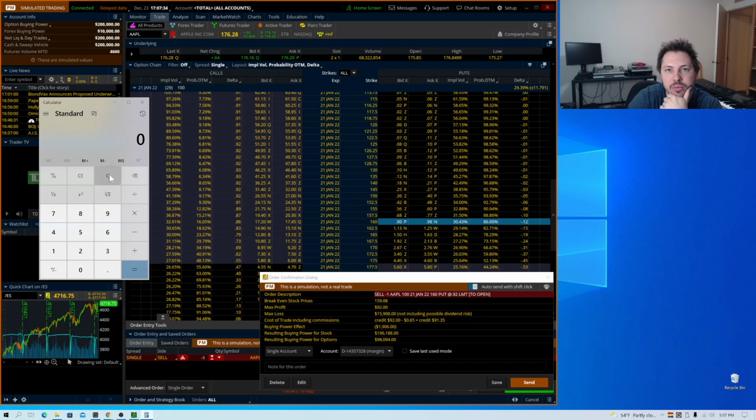But what is the math on that? How much are we making, cash on cash return? Well, the full max profit of this is $92 divided by $1,906 of margin, here's our buying power effect, times 100%.